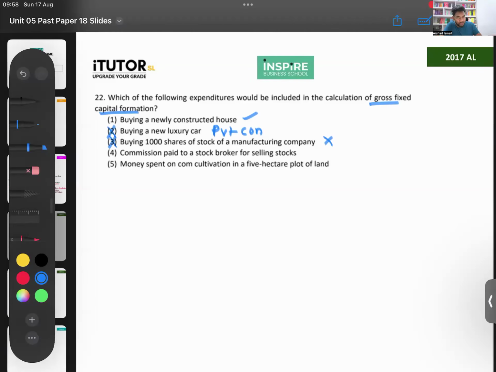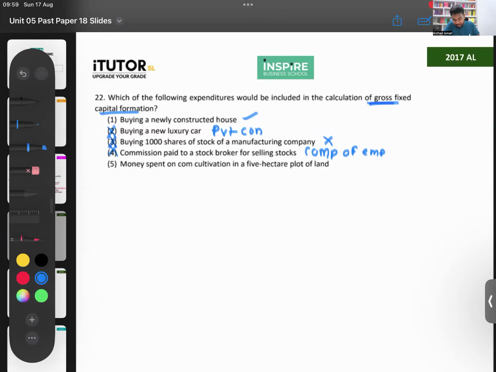In the income approach, it can come under compensation of employees, not gross fixed capital. Then money spent on corn cultivation in a 5-hectare plot, that is also not fixed capital formation.